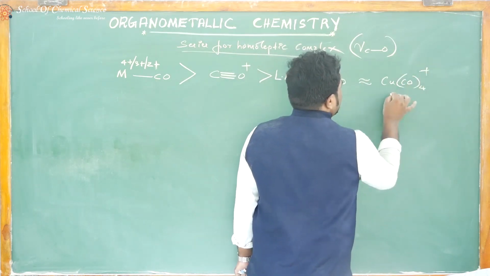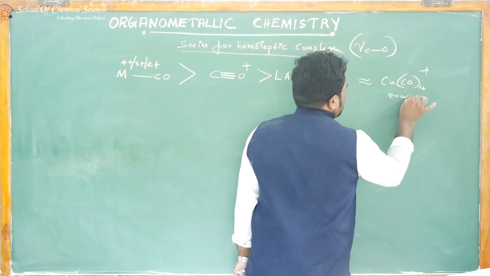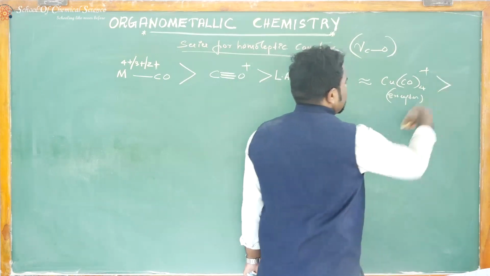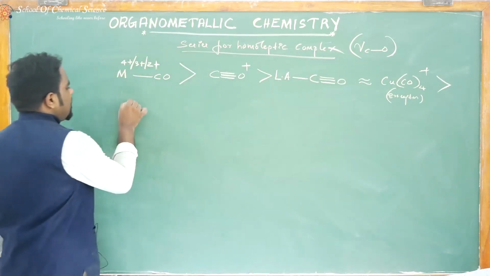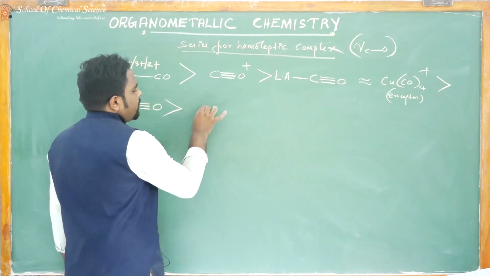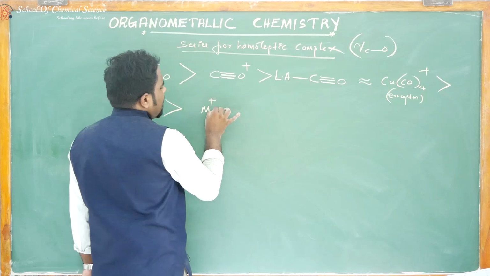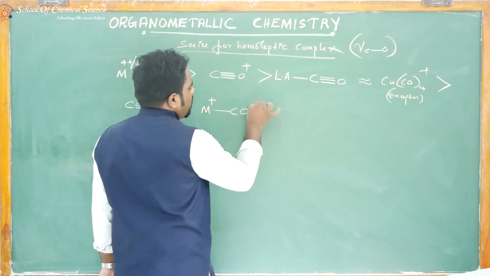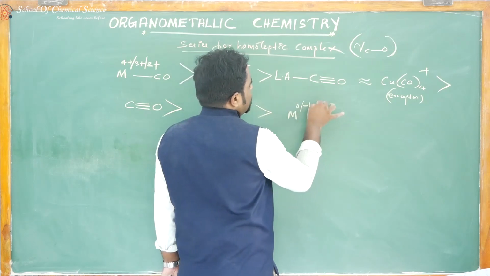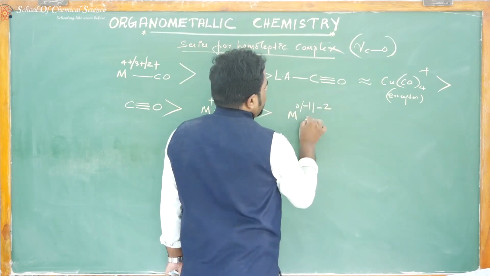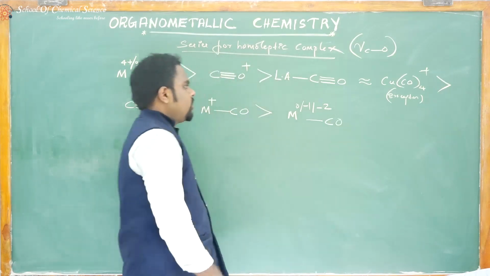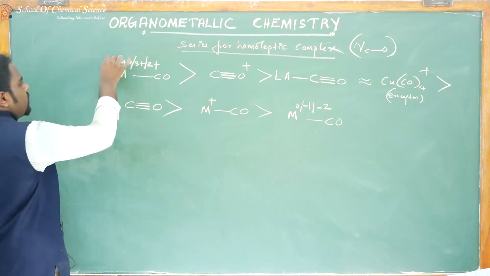This is an exception, so I am including CuCO4 plus here. Then simply C triple bond O. Then metal with single plus connected to C triple bond O greater than metal with 0, -1, -2 connected to C triple bond O. Okay, so this is the order.